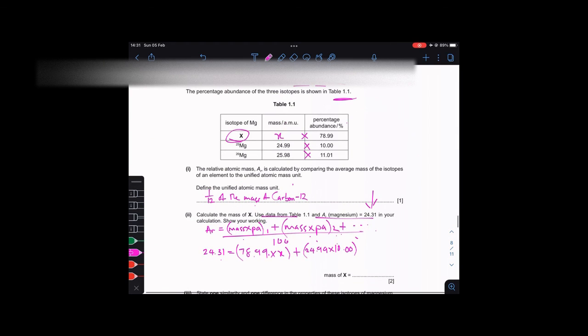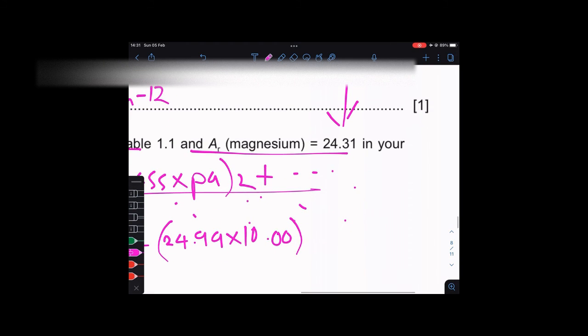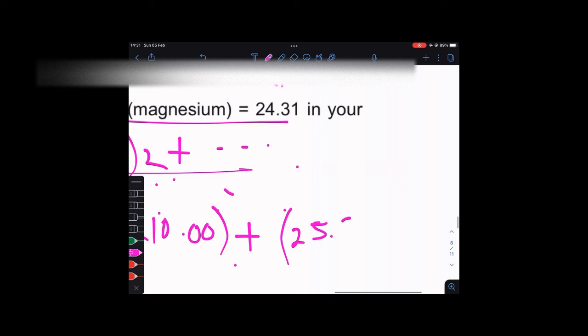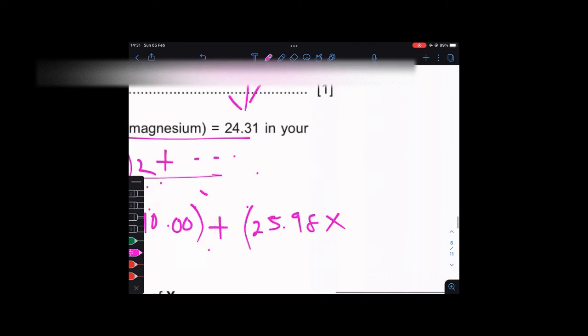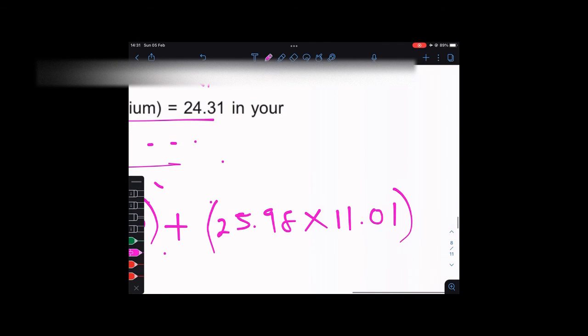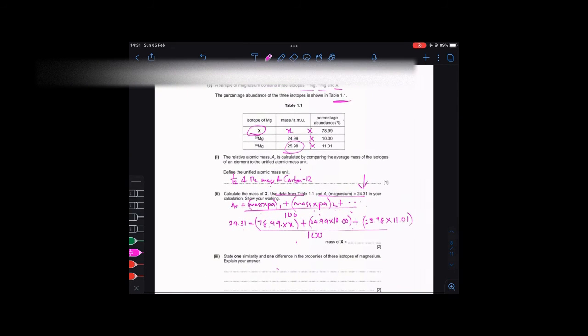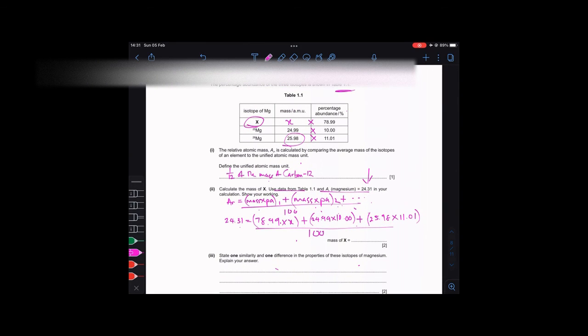And then the next isotope is plus 25.98 times 11.01, all over 100.